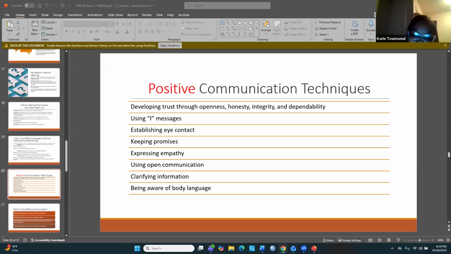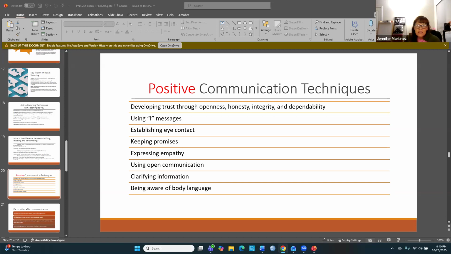But if I went in there and said, well, you didn't push the call light, that's going to automatically put them on the defensive, and then they're going to shut down rather than, okay, I'm here, I will try to figure out what's going on. And then I'll do the whole switcheroo, like, let me take the remote and give you the call bell. So it's just avoiding them becoming defensive.